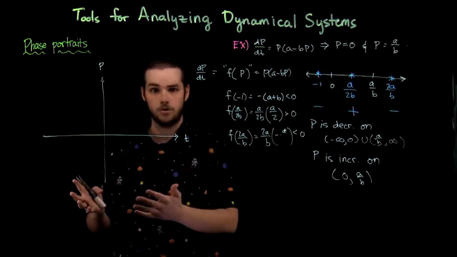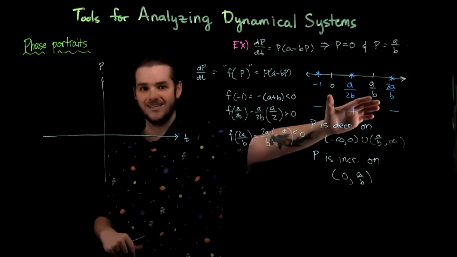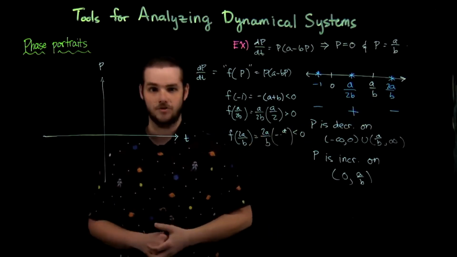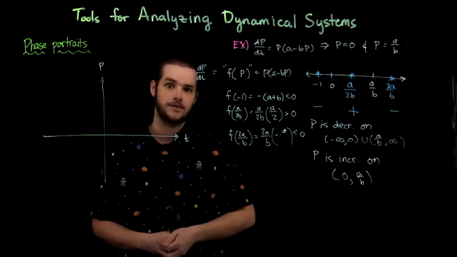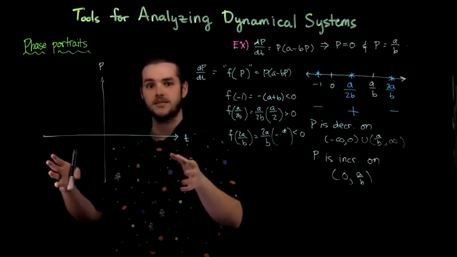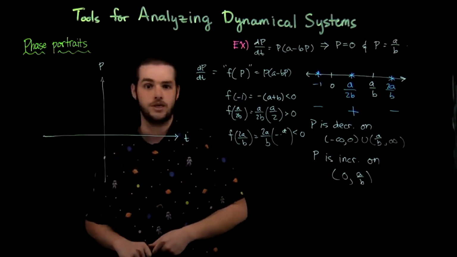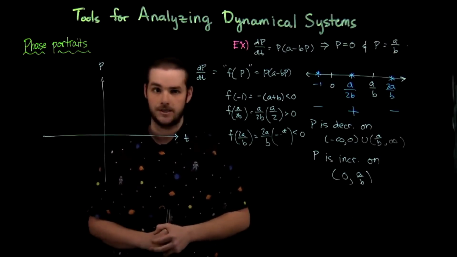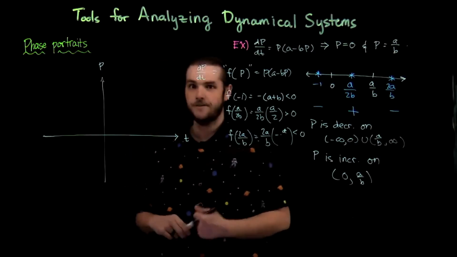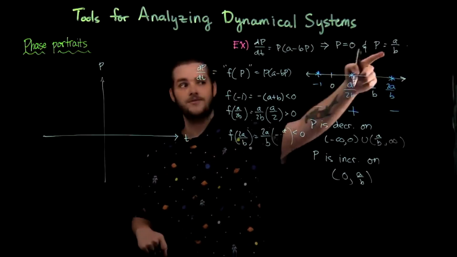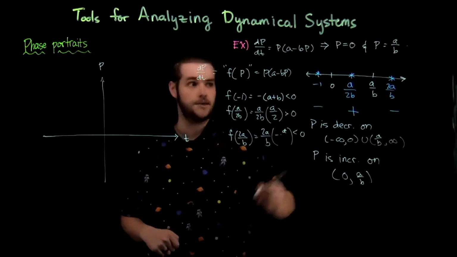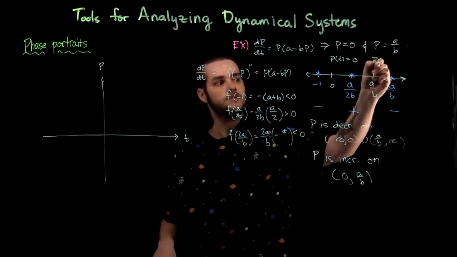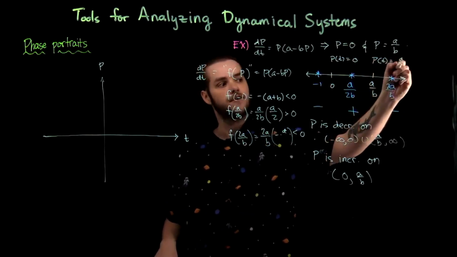So the phase portrait works the exact same way as the sign chart in that we're going to test some points. It will tell us if we're positive or negative in those points. And then based on that, we can subsect the xy plane into regions where the slope is increasing, decreasing, all that good stuff. So we found that these are the functions of t. Really, this is p of t equals 0, and p of t equals a over b.